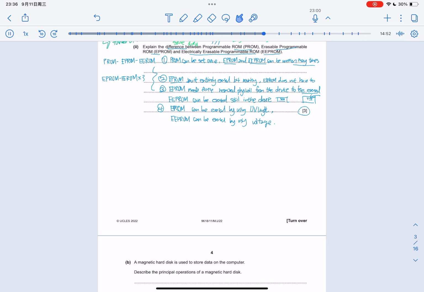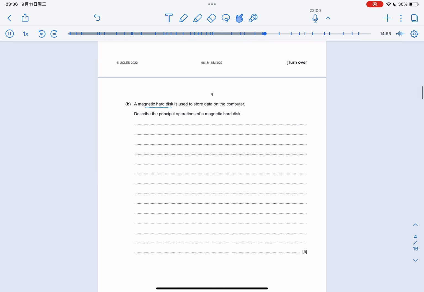Okay, for this question, it's asking about the magnetic hard disk used to store data in the computer. For people who don't know the magnetic hard disk, let's show you. So we have a spinner, and we have a big plate. This is called the platter. And here we have something to point.